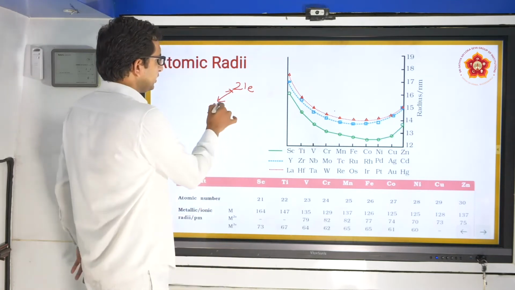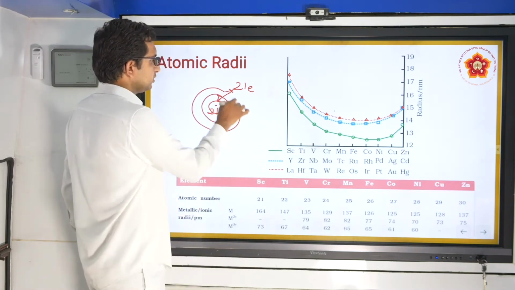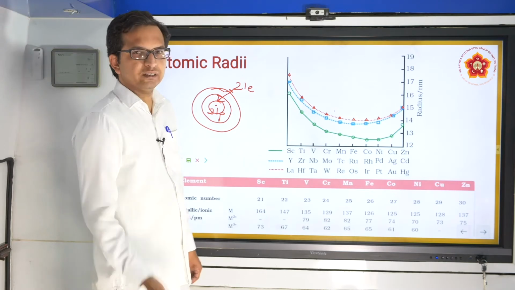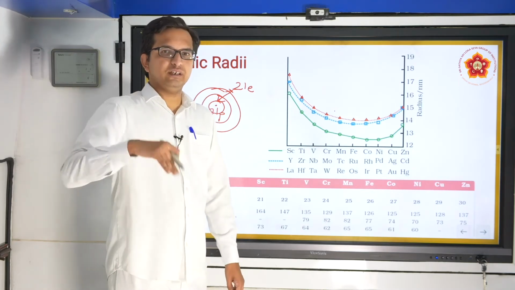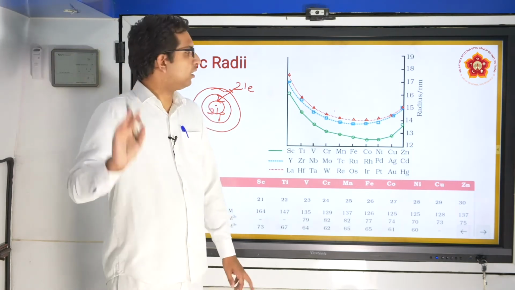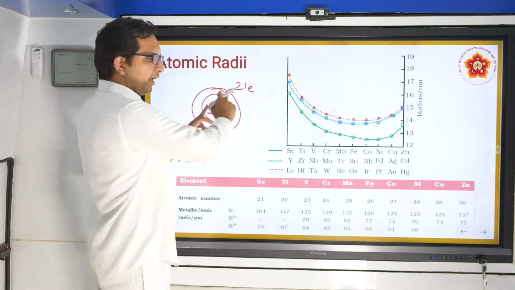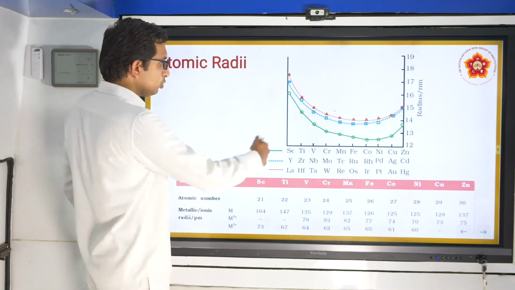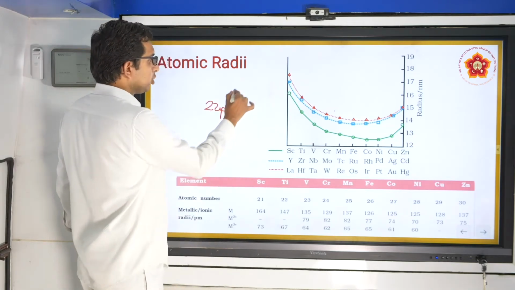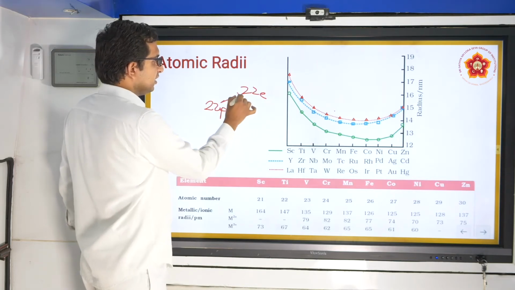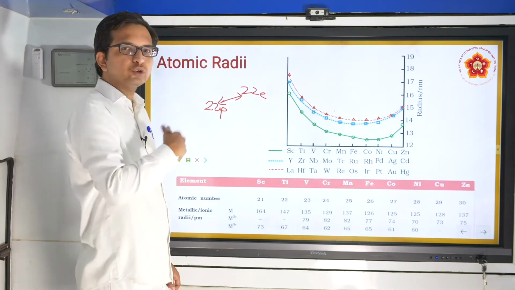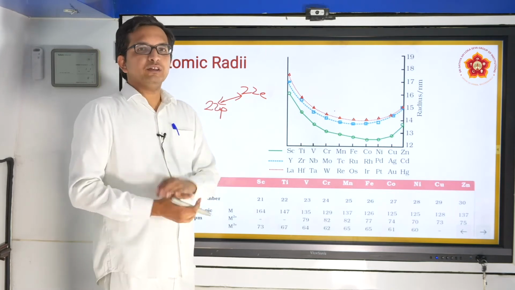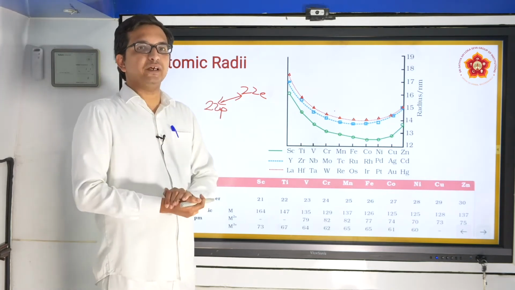They are distributed in various orbits like 1s, 2, 3 orbit. In that you have 2s, 2p, 3s, 3p, 3d, like this. So there is an attraction which is present. Now when I go to the next one, it is 22 protons and 22 electrons, which means that the attraction between those two is much more now. They are attracting more strongly.